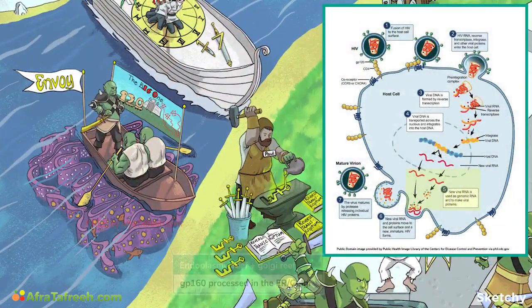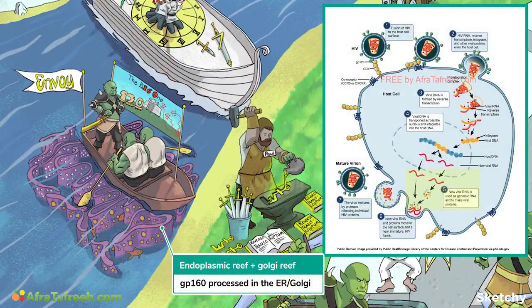Meanwhile, the ENV gene product, which is the precursor polyprotein GP160, gets glycosylated and then cleaved by host cell proteases into GP120 and GP41. This all happens in the endoplasmic reticulum and Golgi apparatus, because in eukaryotic cells, that's where membrane-associated proteins are processed.